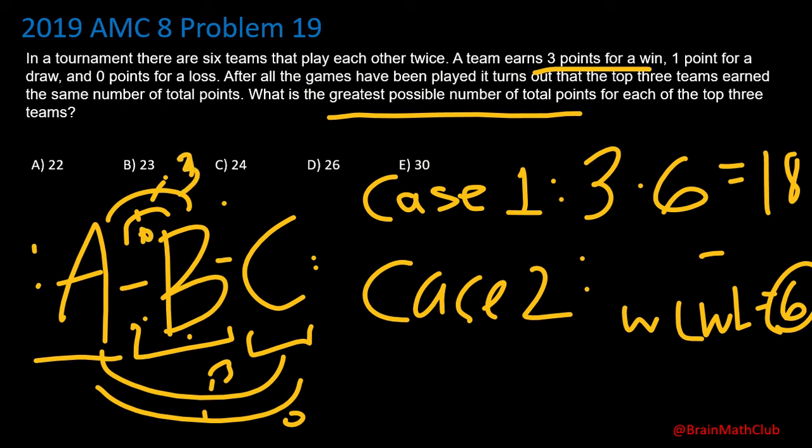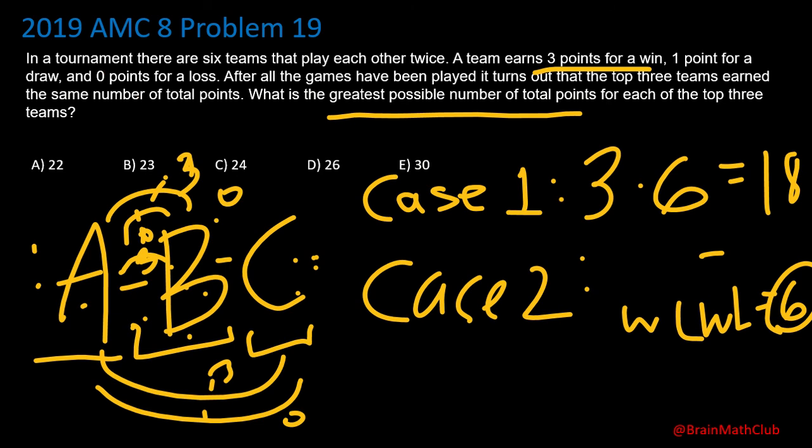If we do win-loss, then for B that means B won against A once, so earned 3 points, and B lost against A once. So that would give both teams 3 points. Same with BC, both teams would earn 3 points again. And with AC, both teams would also earn 3 points. So it would be more equal, or more fair.